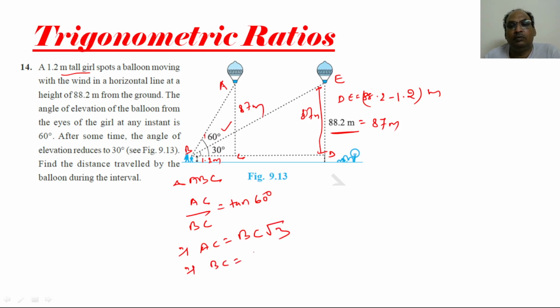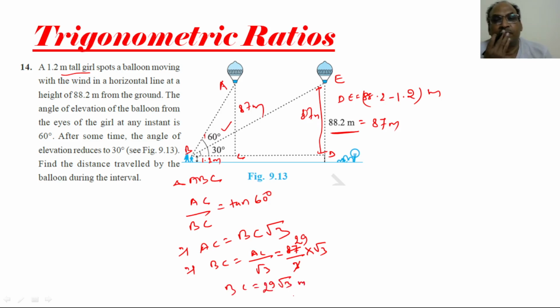So BC is equal to AC by root 3, AC is 87, so 87 by root 3. Root 3 by root 3 will multiply. So 3, 2, 6, 9. So BC is equal to 29 root 3 meter. That is BC.